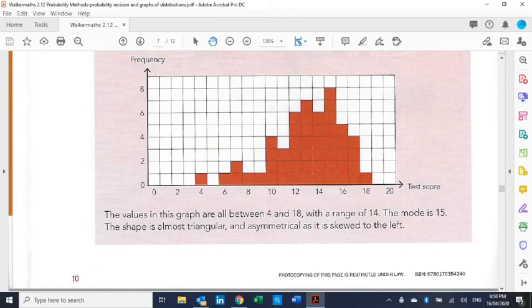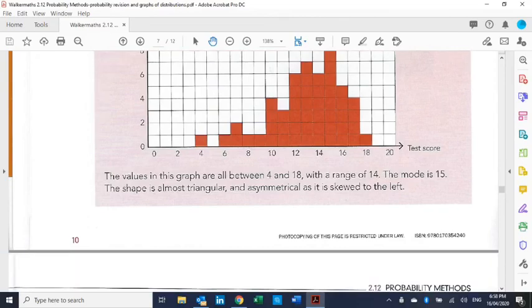The shape is almost triangular, but it's a bit asymmetrical, and since there's a lot more data sliding off to the left, this one is determined to be asymmetrical and skewed to the left. If you call this triangular, you wouldn't be absolutely wrong, but you'd be best to say almost triangular. You're going to learn that in statistics, it's very rare that you can absolutely say anything.